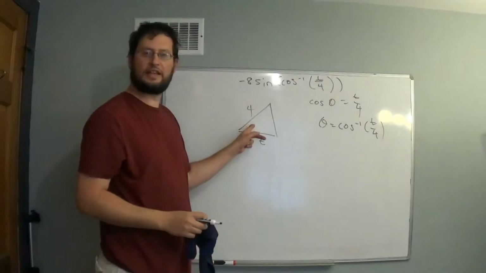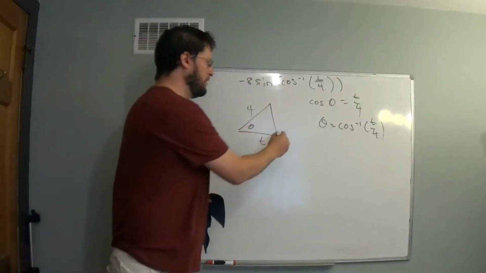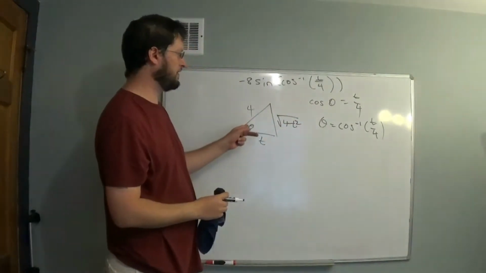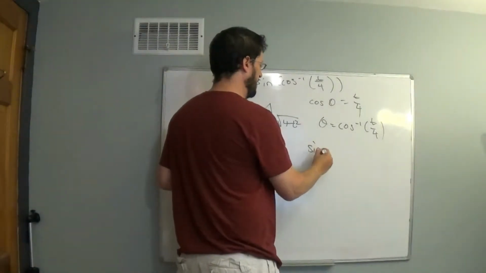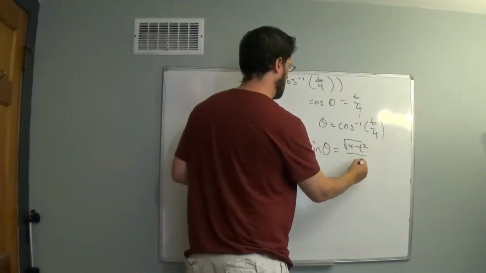Now I want sine of that theta. So we need to apply our Pythagorean theorem to get this one, which will be the square root of 4 minus t squared. And now sine of this is opposite over hypotenuse. So the sine of theta is root 4 minus t squared all over 4.